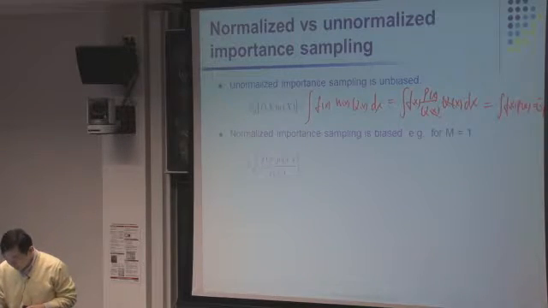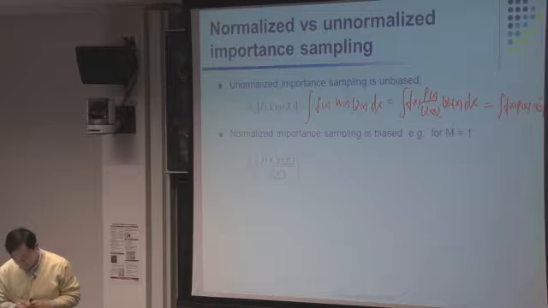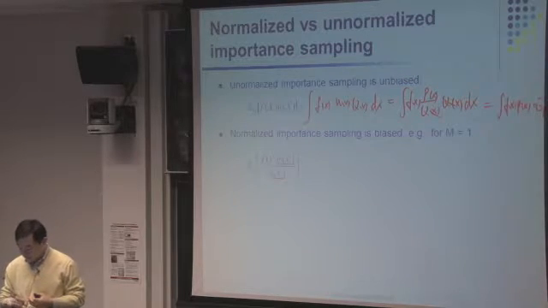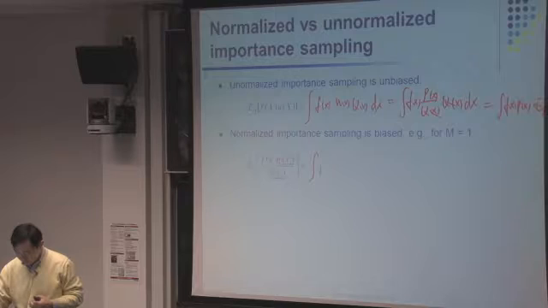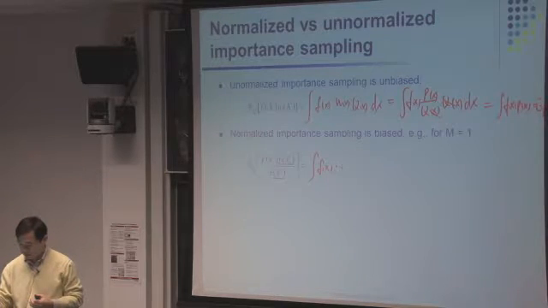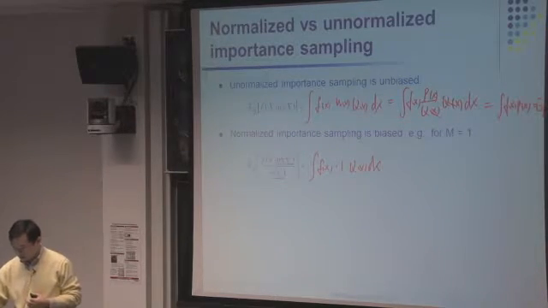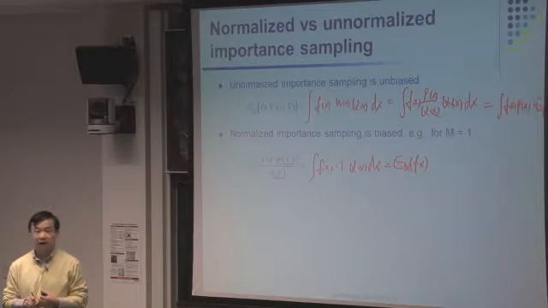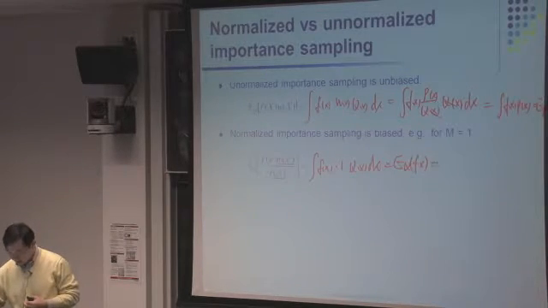With one sample, this one needs to be normalized by itself, right? And then by definition, you have this times 1, and then q(x) dx, which gets you to the expectation of f under Q, which is, of course, different from the one under P.